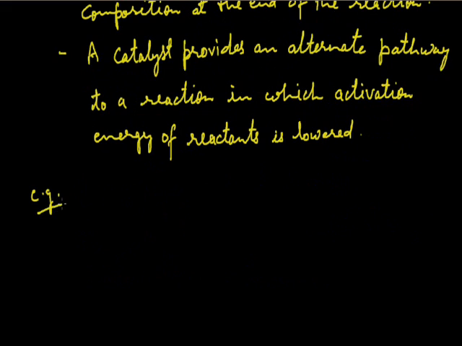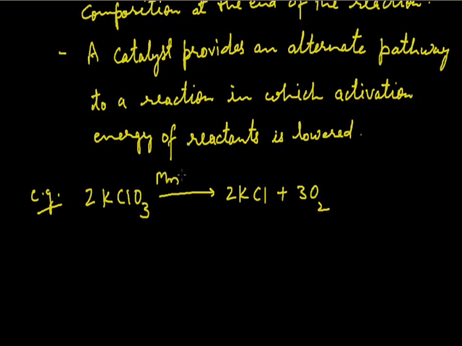Just for example, in the decomposition of potassium chlorate KClO3 into KCl and oxygen, catalyst MnO2 is added. MnO2 acts as a catalyst to increase the rate of the reaction. Here it acts as positive catalyst.